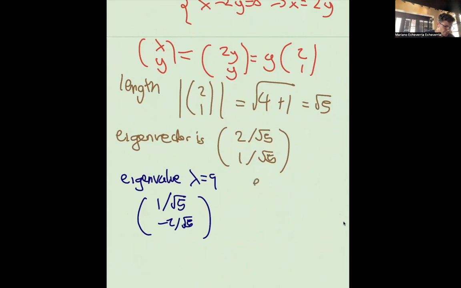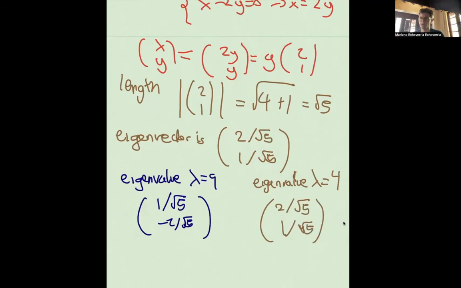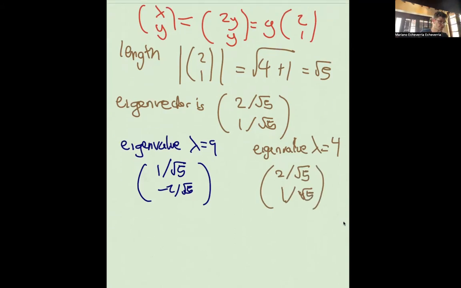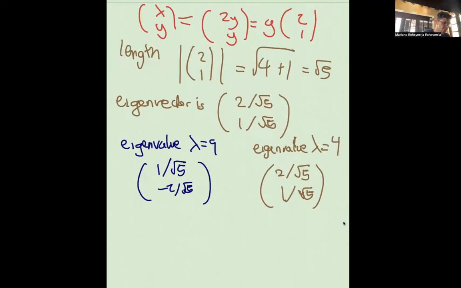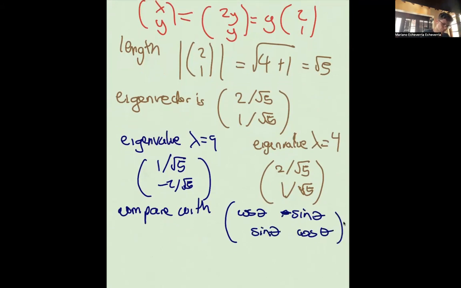And the other eigenvalue was lambda equals 4, and the eigenvector was 2 over root of 5, 1 over root of 5. And again, these columns must be compared with the columns of the rotation matrix. So you must compare these with a rotation matrix: cosine of theta, minus sine of theta, sine of theta, cosine of theta.